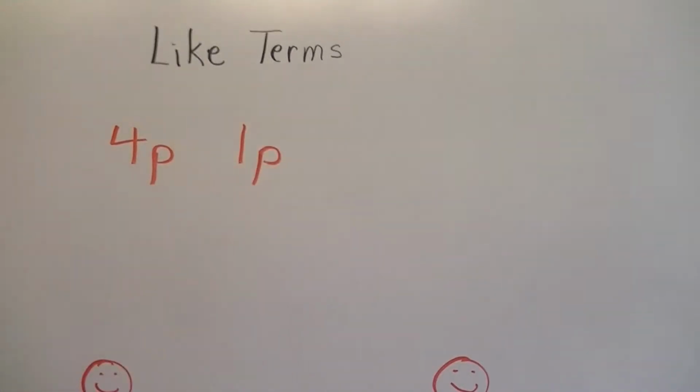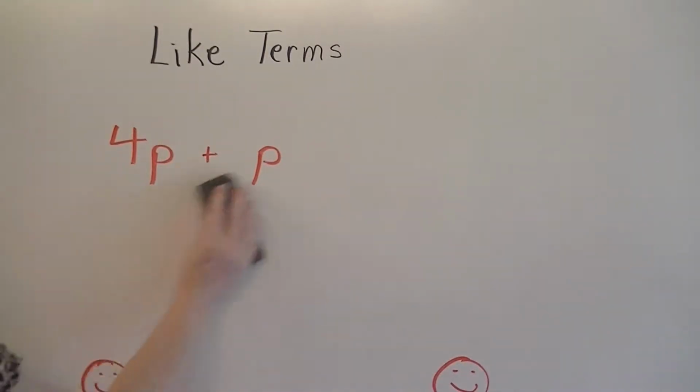In algebra, you would think that you would write 1 with a P, but you don't. You just write a P to represent, say, pigs. And if I wanted to combine these through addition, the answer would be 5P, because here's 1 pig and here's 4 pigs. So together we have 5 pigs.